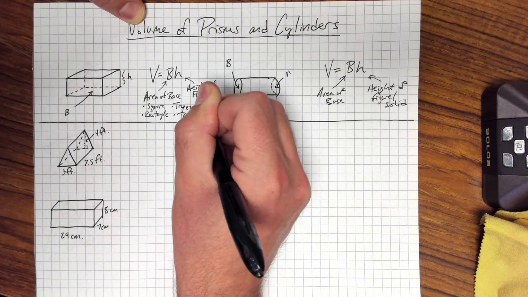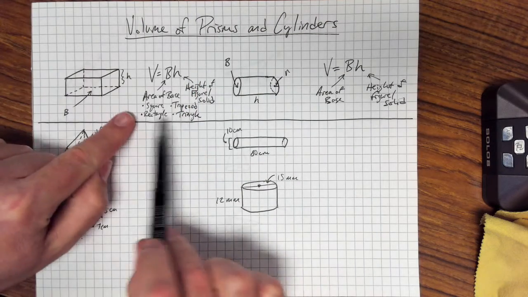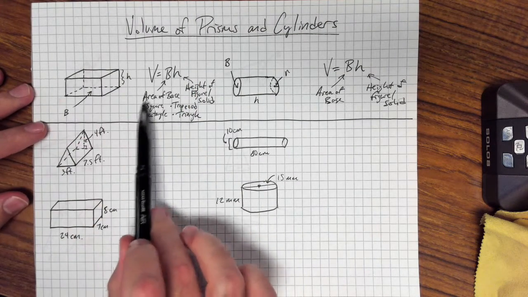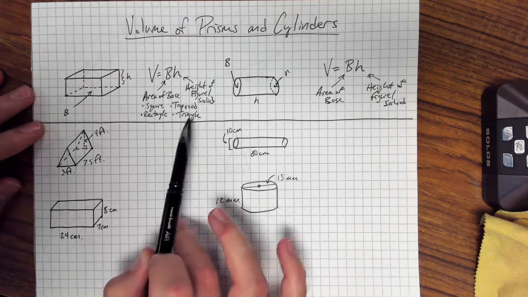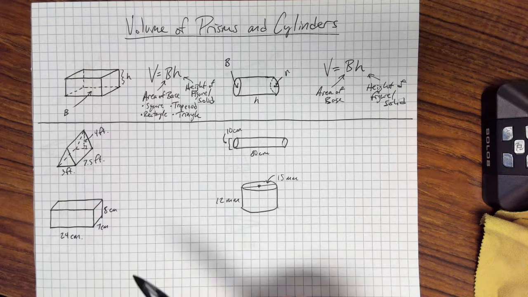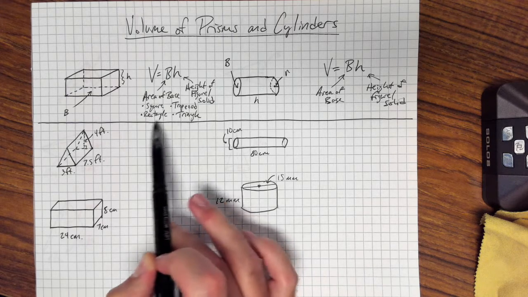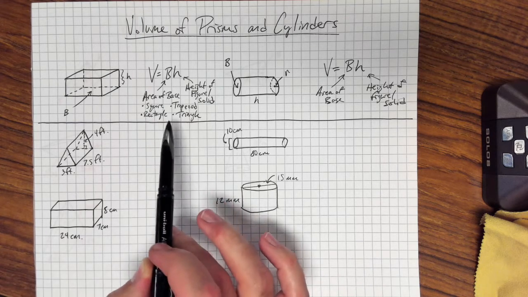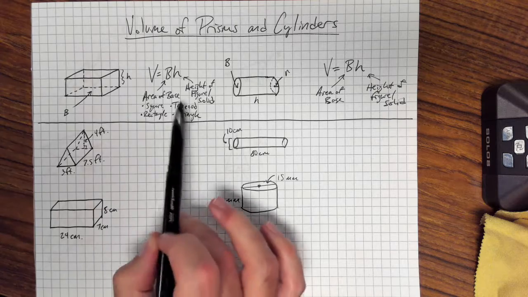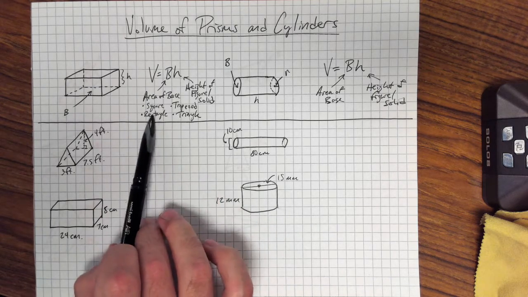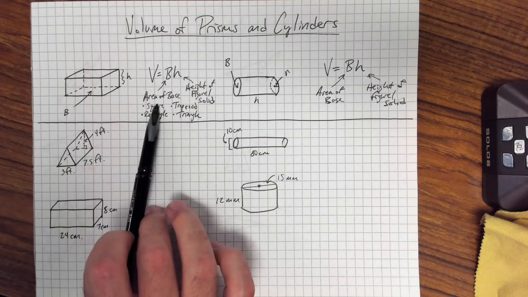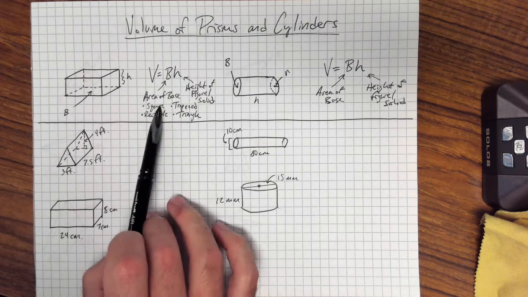I'll just write that. So you need to note for me the area of a base for a prism. The base could be a square, a trapezoid, rectangle, or triangle, which means you would need the area formulas for each of these, which you can find in another video. So you need to show me you know that for the area of a base of a prism, the base could be any of these, which would change how you do the problem.